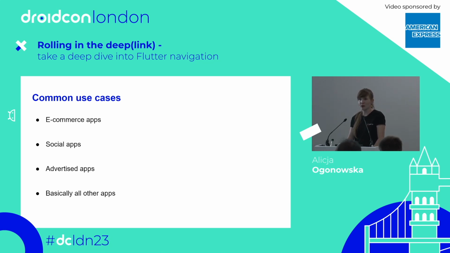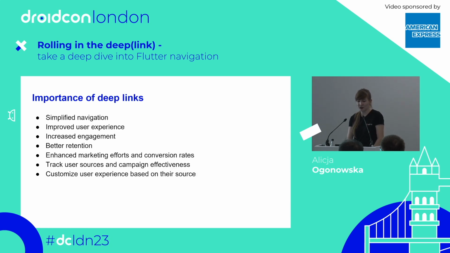And also, if you plan to advertise your app, surely you should make it possible for the user to come directly to the content that is tailored for their needs. But basically, I think it's always good practice to provide this feature.